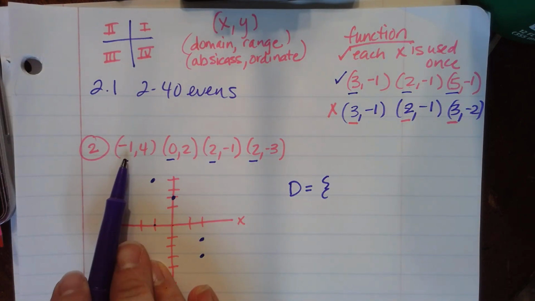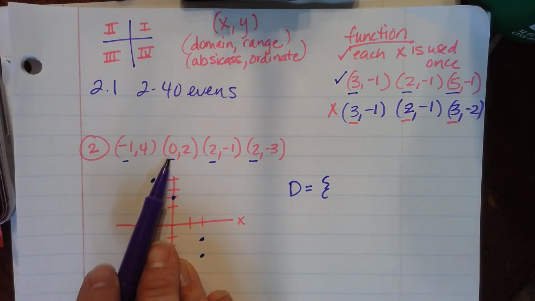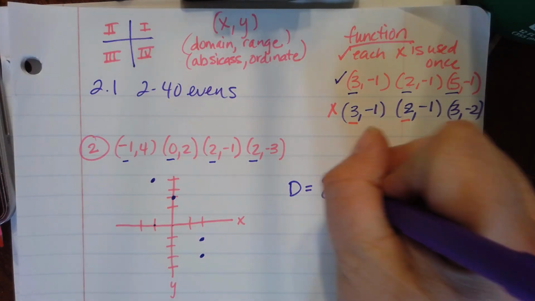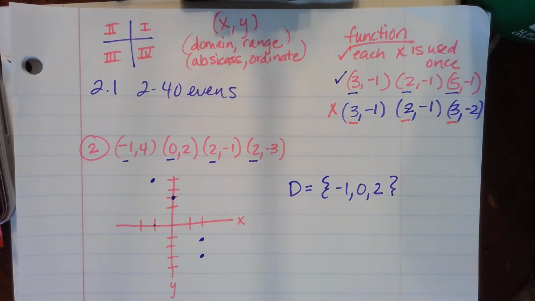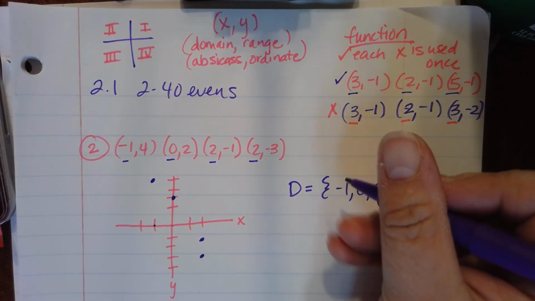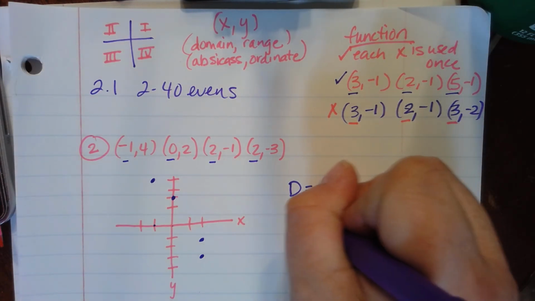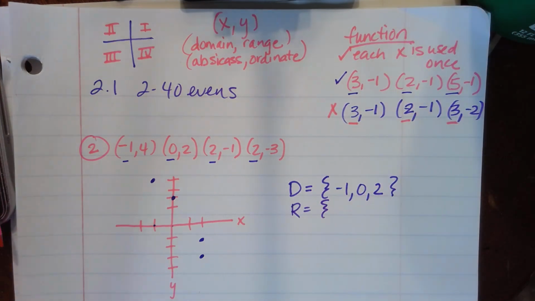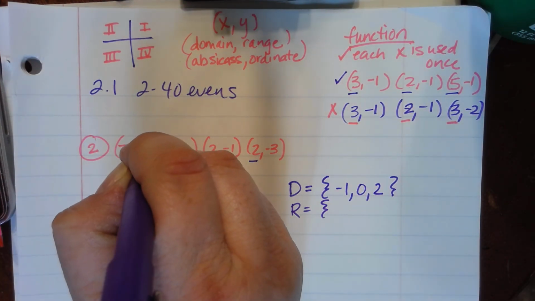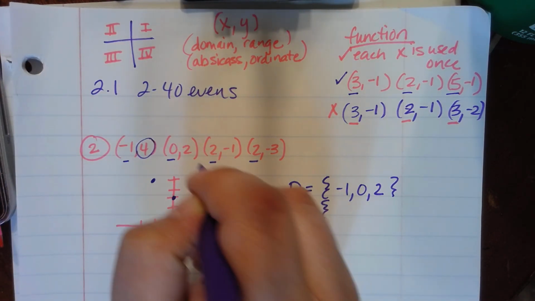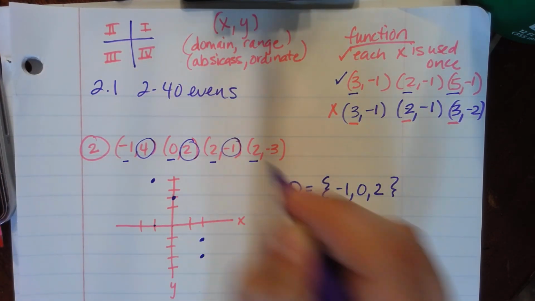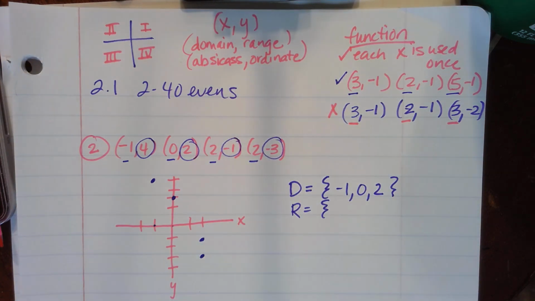So I'll start with my negative number, -1, then 0, then +2. So I'll have -1, 0, 2, and close your fancy squiggle. All right, and then I need to list the range. So fancy squiggle again, r is equal to, here I'm looking at my y's. So I've got a 4, a 2, a -1, and a -3.